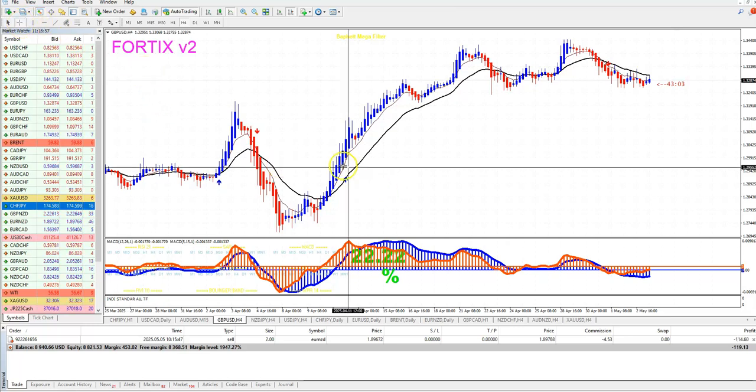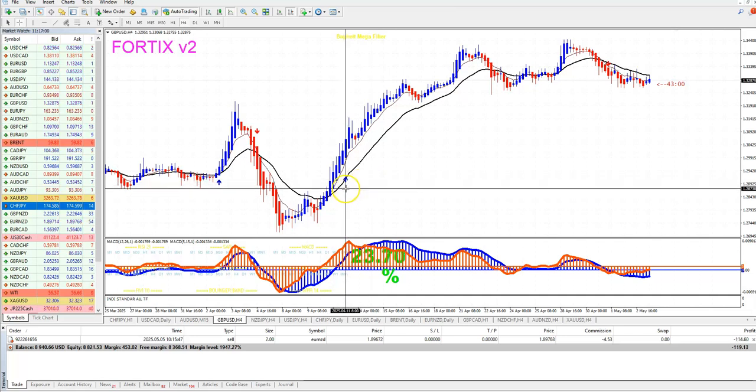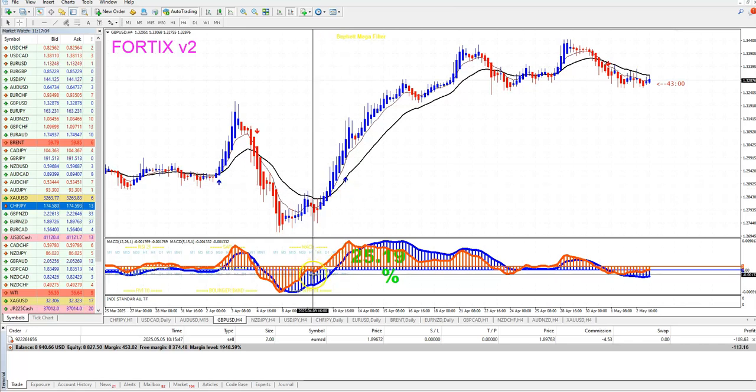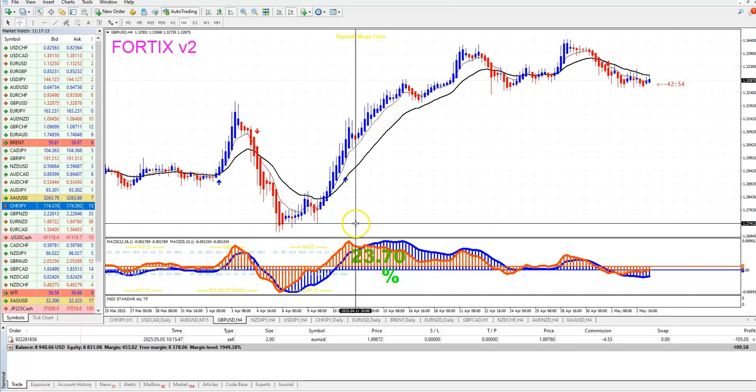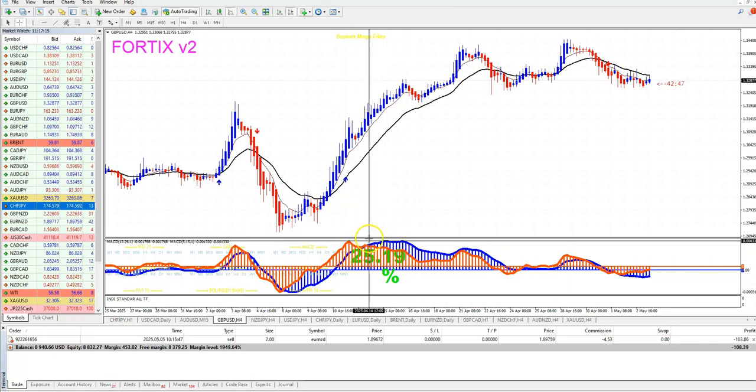Look, for example, here. Everything confirmed. This is crossing. Red is in that moment over the blue, and you enter the trade here only if you have this 50% or higher.